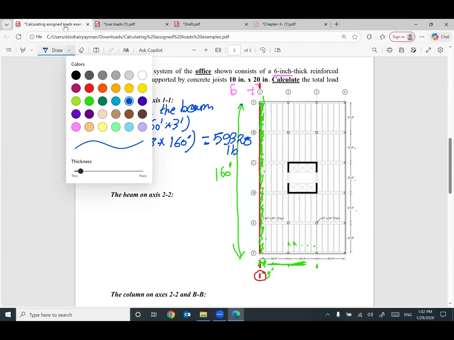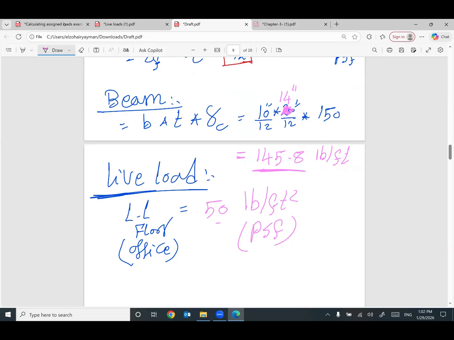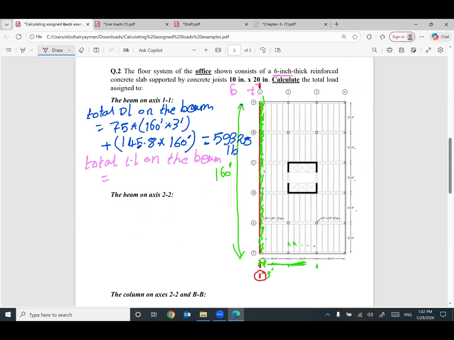How much is the total live load on the beam? It's very simple. The value of the live load here, which is 50, multiplied by the area assigned to this beam, 160 times 3. You can get the value.